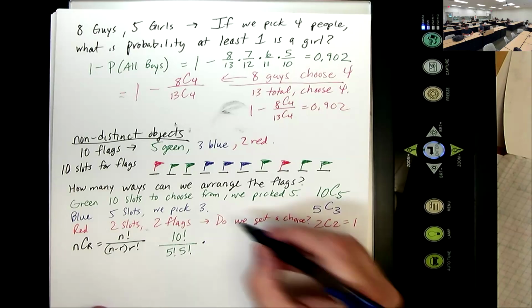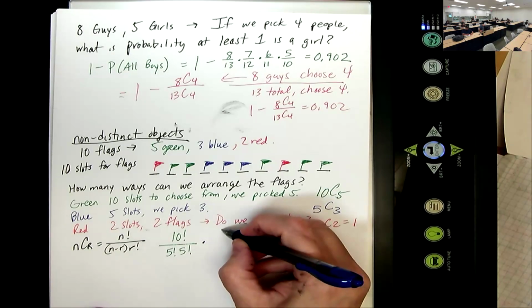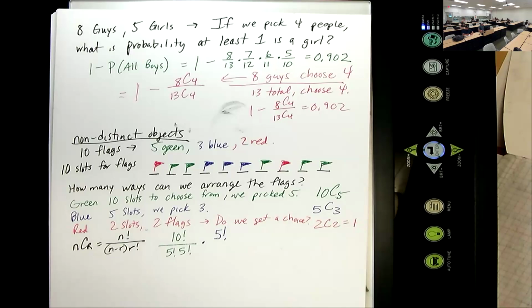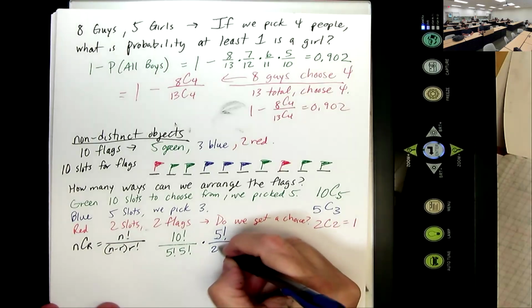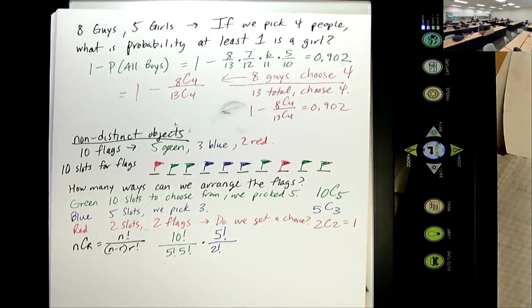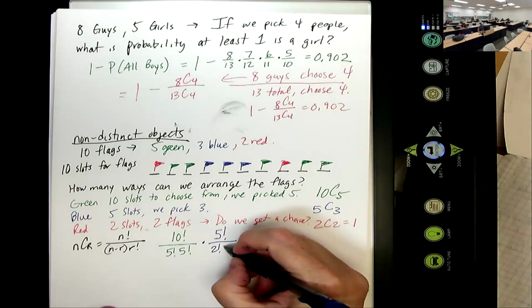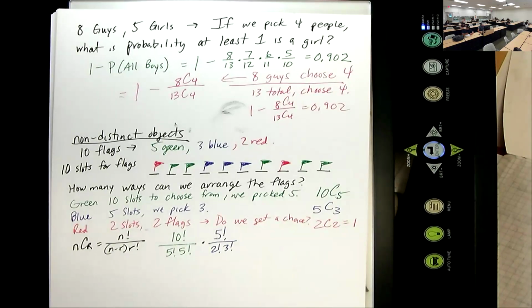The blue ones, we had 5 choose 3. So n is 5, it goes on top. 5 minus 3 is 2, so we have 2 factorial there. And then we had r, so 3 factorial.